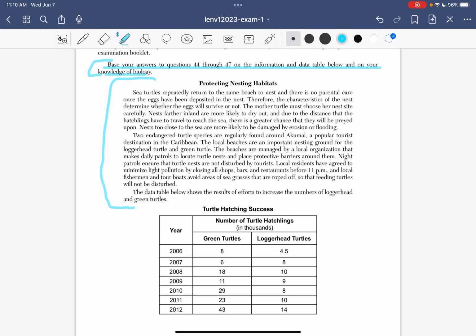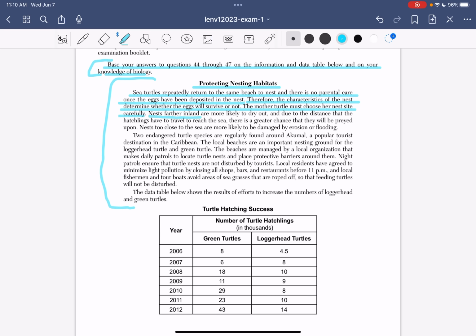So let's get started. Protecting nesting habitats. Sea turtles repeatedly return to the same beach to nest, and there is no parental care once the eggs have been deposited in the nest. Therefore, the characteristics of the nest determine whether the eggs will survive or not. The mother turtle must choose her nest site carefully.